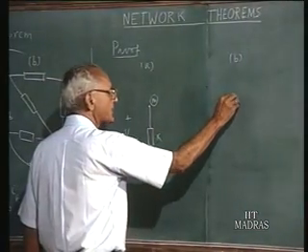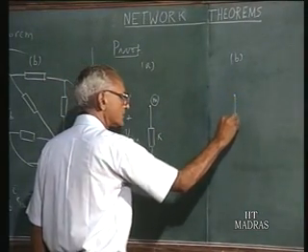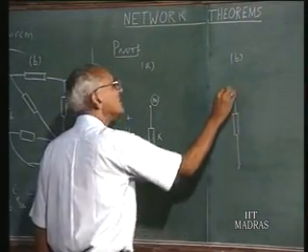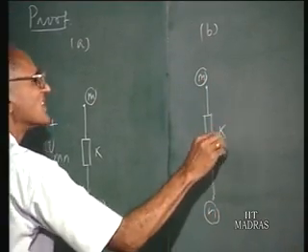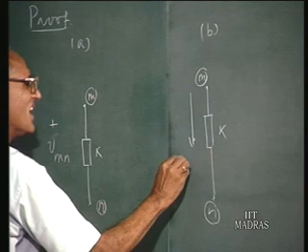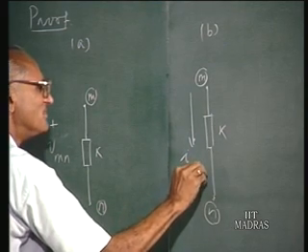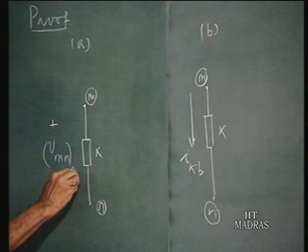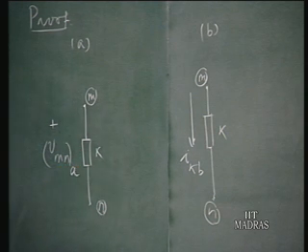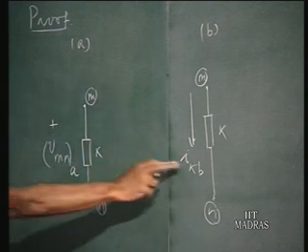So in the B network also we have a kth element which is connected between the nodes m and n, and the current here is Ikb. Now let me multiply this voltage, Vmn A of course, in the A network, by this current.